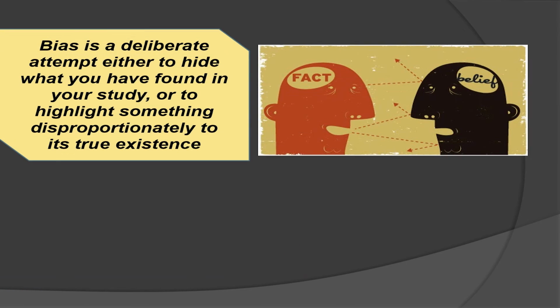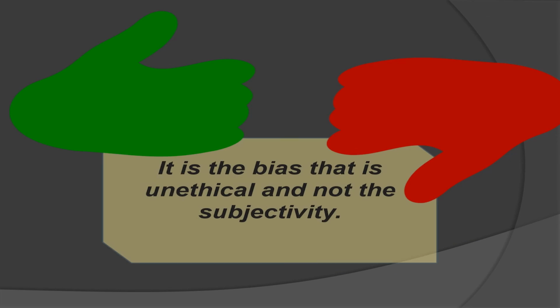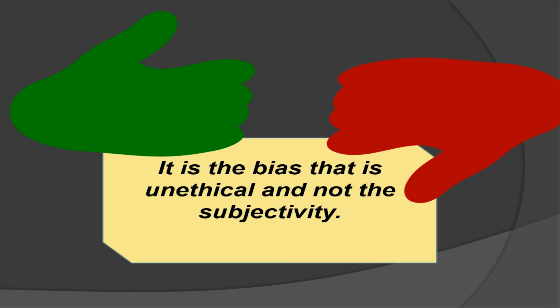Bias is a deliberate attempt either to hide what you found in the study or to highlight something disproportionately to its true existence. It is absolutely unethical to introduce bias into a research activity. If you are unable to control your bias, you should not be engaging in research. It is the bias that is unethical and not the subjectivity.